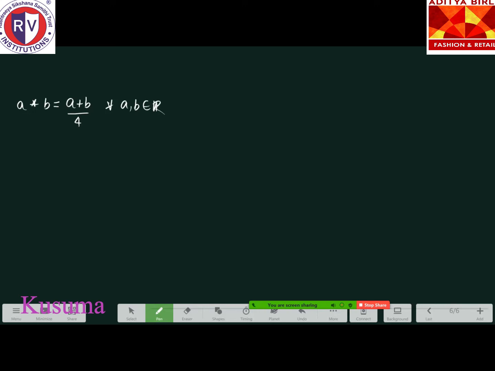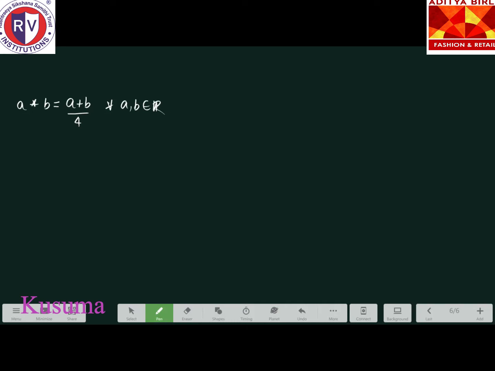The options given are: commutative and associative; commutative but not associative; option C is associative but not commutative; and option D is neither associative nor commutative.